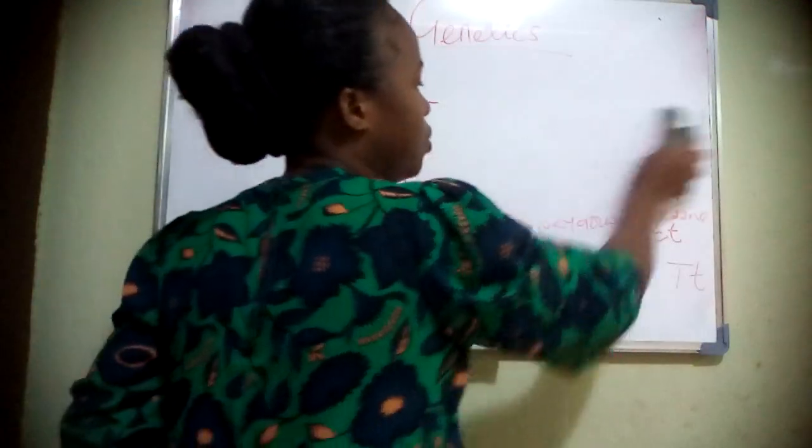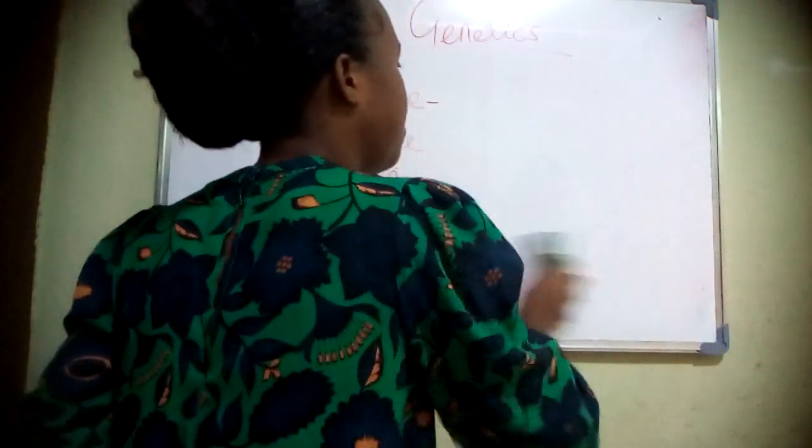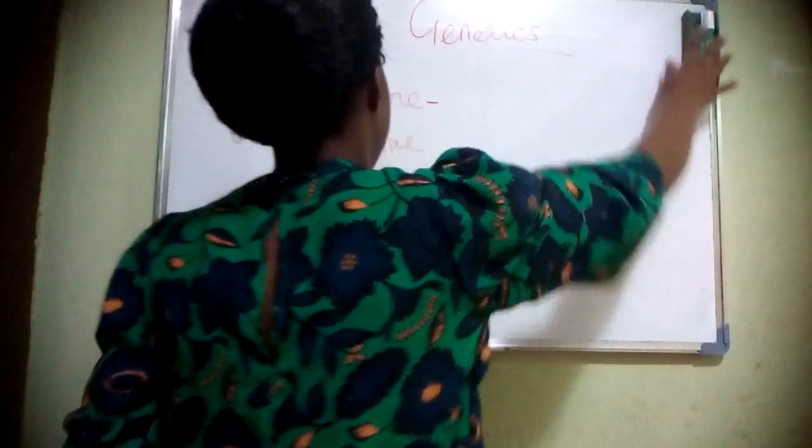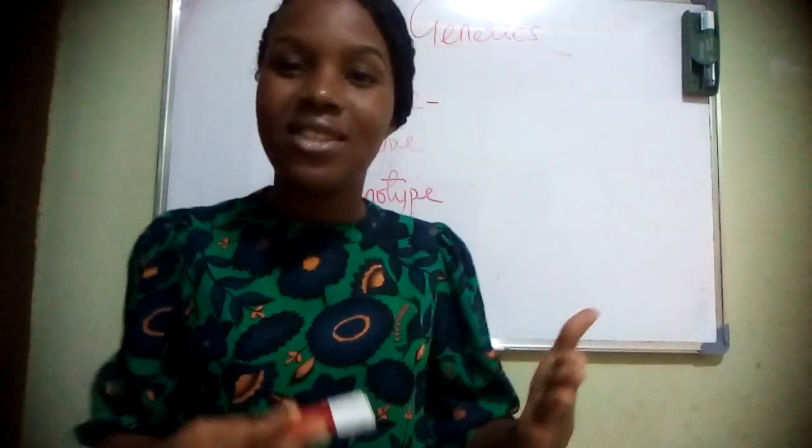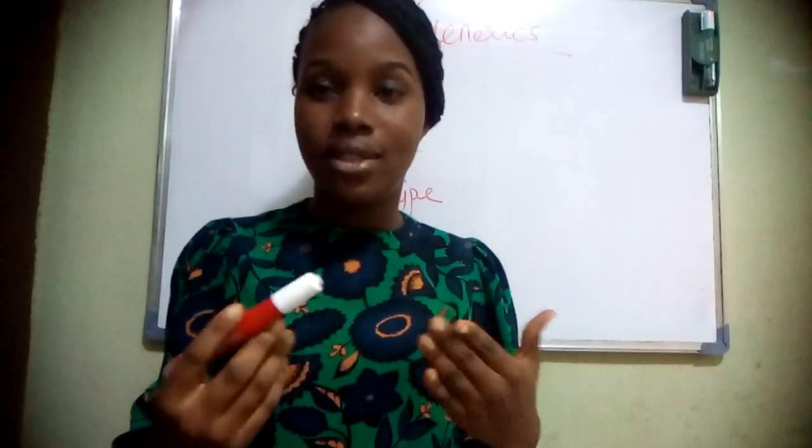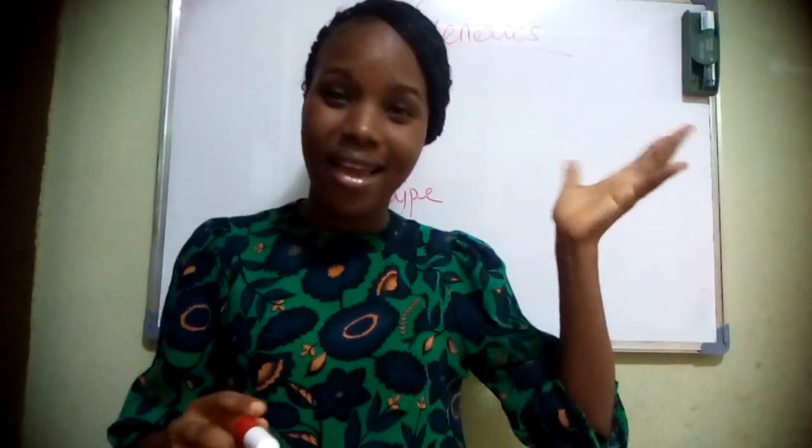So that brings us to phenotype. The phenotype of an individual is the physical expression of a trait, that is the physical features or characteristics that you see. For instance, hair color, the shape of the nose, height, and others.